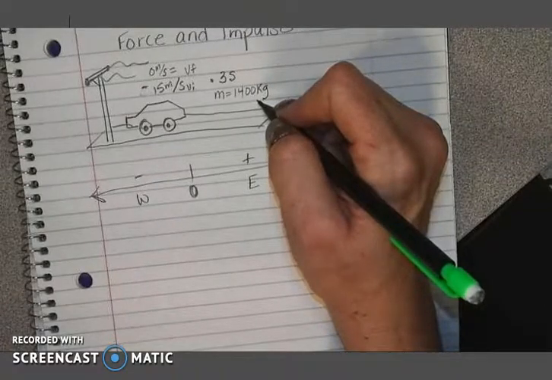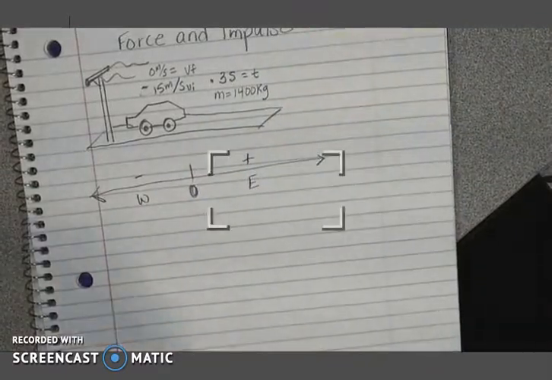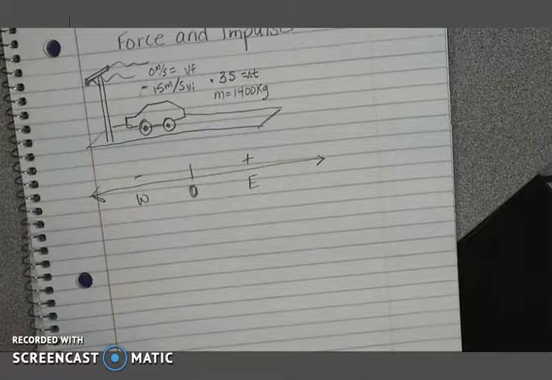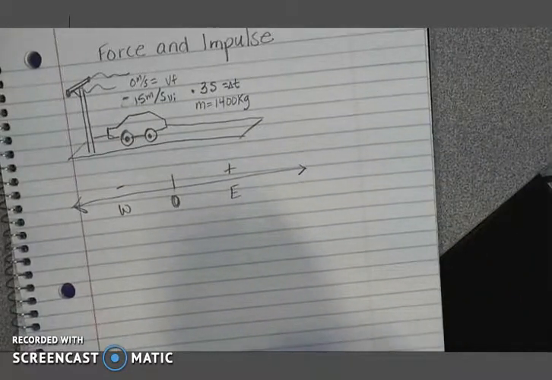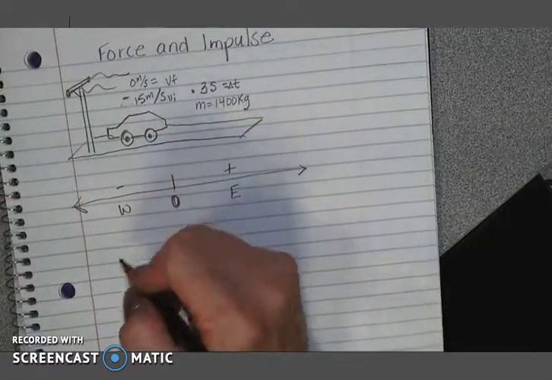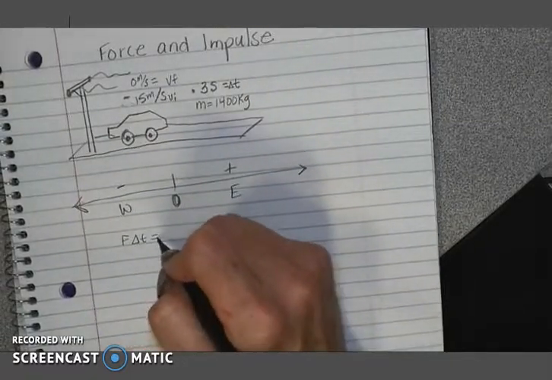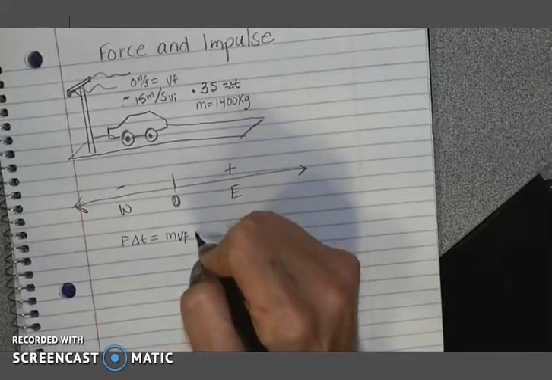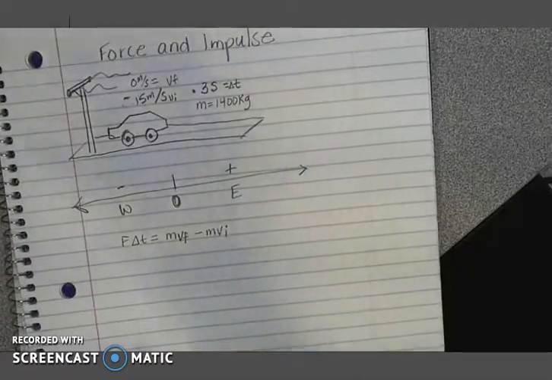And let's see. The time it takes to come to a stop, or delta t, is 0.3 seconds. That's how long it takes to come to a stop. So using the impulse momentum theorem, force times delta t is equal to m v sub f minus m v sub i.